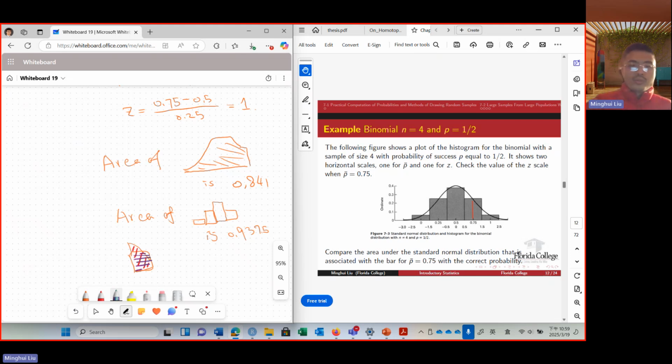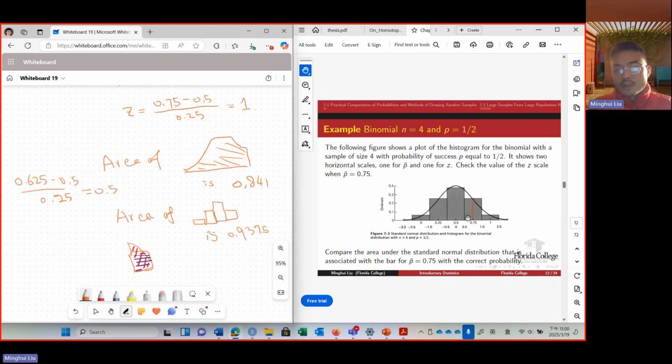So the new z value for the left boundary is 0.625, which is the average between 0.5 and 0.75, that's the middle line here, minus 0.5, and then over 0.25, we're going to get 0.5.